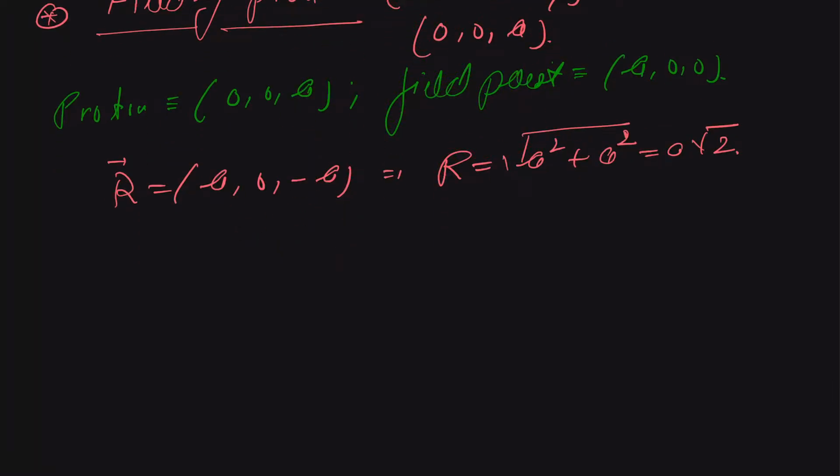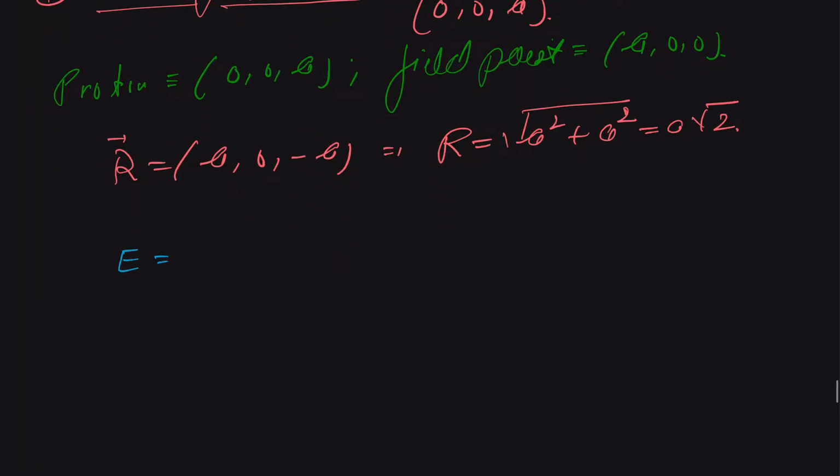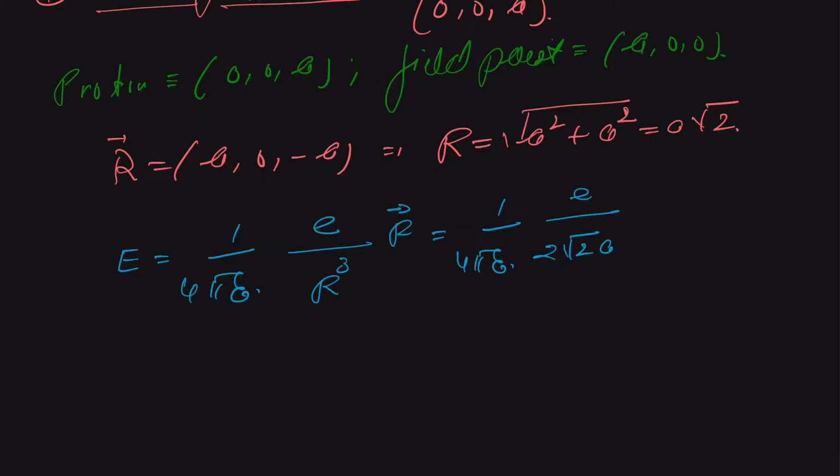Therefore, the value of electric field will be equal to 1 upon 4 pi epsilon naught, e, that is charge, over r cube, times the r vector. So we get E will be equal to 1 upon 4 pi epsilon naught e upon 2 square root of 2 a cube, and our r vector is a, 0, minus a.